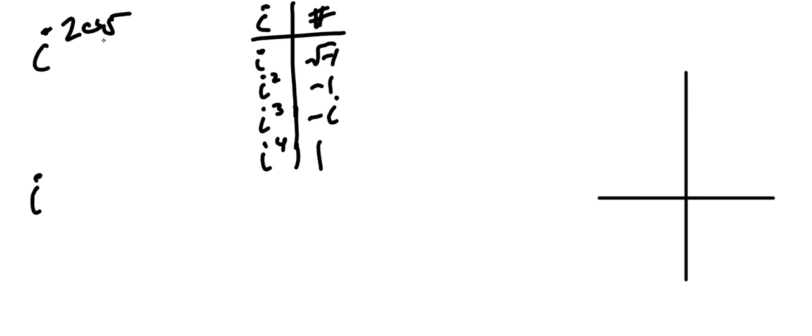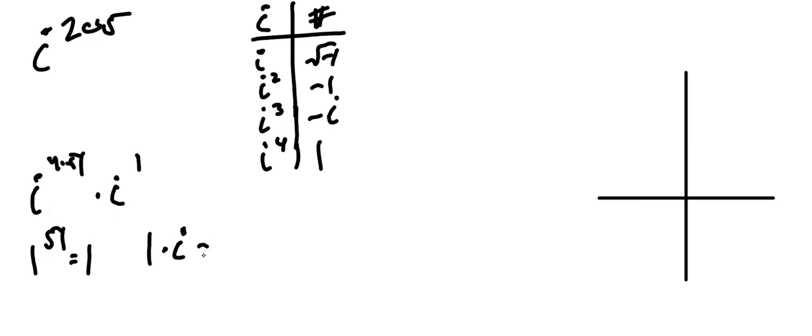So i to the 4 times 51, well, 4 times 51 is 204, times i to the first. So i to the fourth is 1. 1 to the 51st is equal to 1. So now we only have one i left over, so 1 times i is equal to i. i is the solution here.